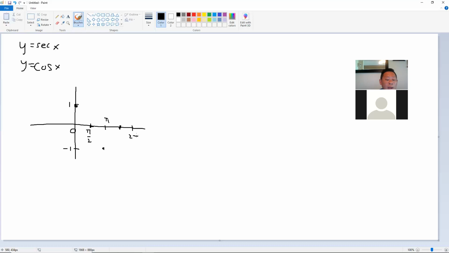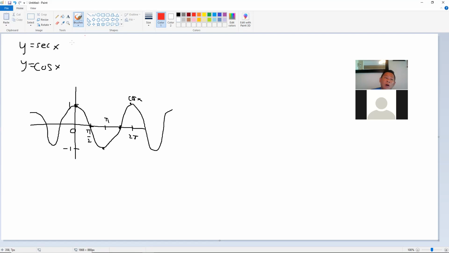And then at 2 pi, it will be at 1. This is a big valley, and then it continues going as a big valley. So this is your cosine graph here. When you draw your secant graph, you need to draw your cosine graph first.